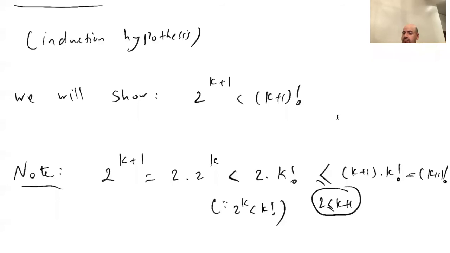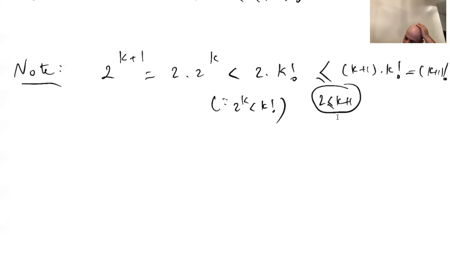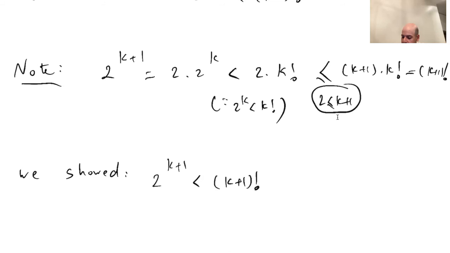K plus 1 factorial means 1 times 2 times all the way to k plus 1, which is 1 times 2 times all the way to k, which is k factorial, then times k plus 1. So we showed 2 to the power k plus 1 is less than k plus 1 factorial, as desired.